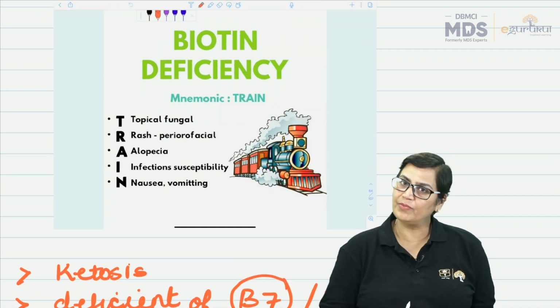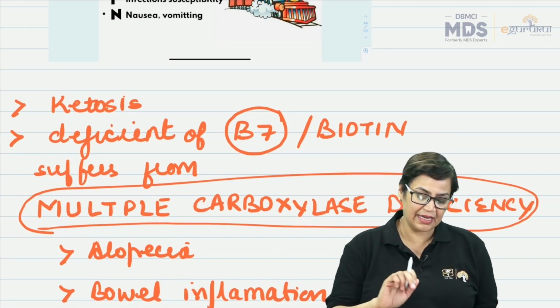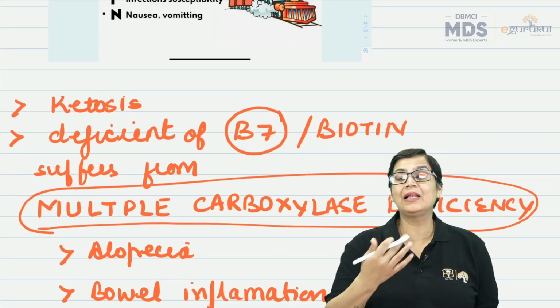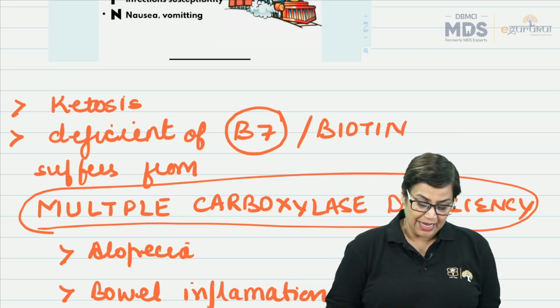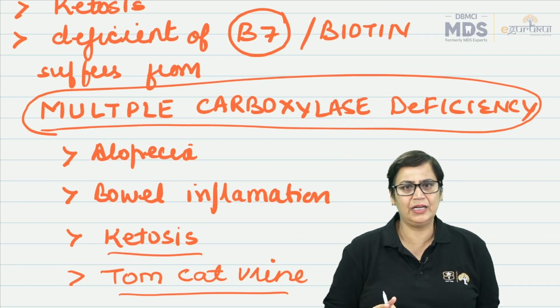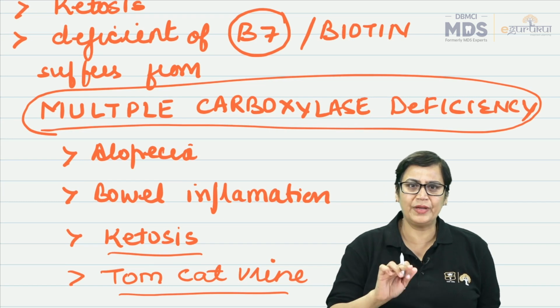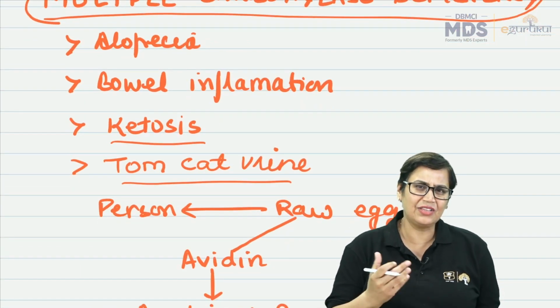And if we come over to the deficiency manifestations, this is a mnemonic to remember the deficiency of biotin, and it can lead to ketosis, it can lead to multiple carboxylase deficiency. Alopecia will be there. This is a very, very important symptom of multiple carboxylase deficiency. Alopecia, bowel inflammation, and ketosis. And the urine starts giving the smell of that.